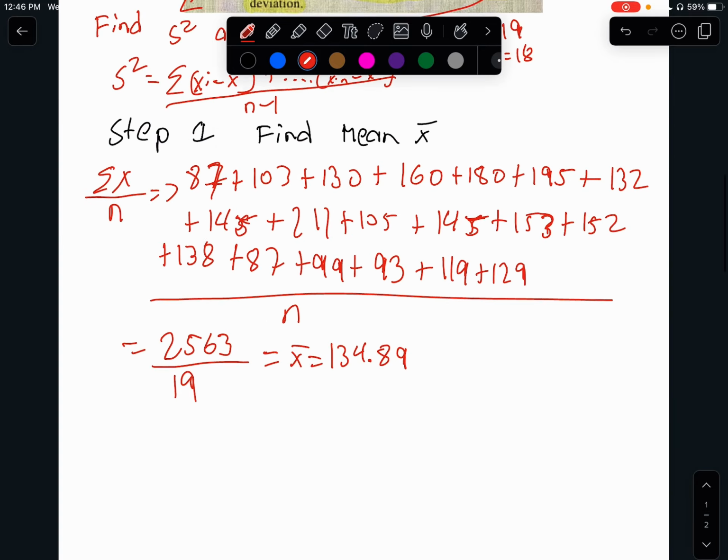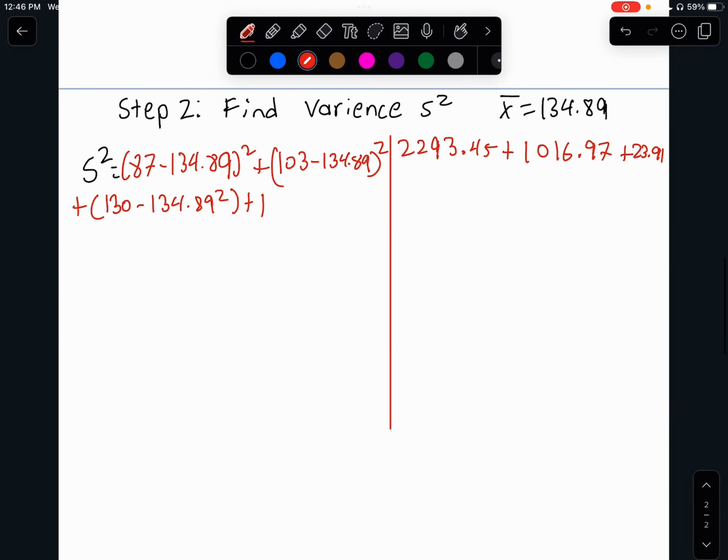Plus, our next one is 160. So we have 160 minus 134.89 to the power of 2, which equals 630.51.